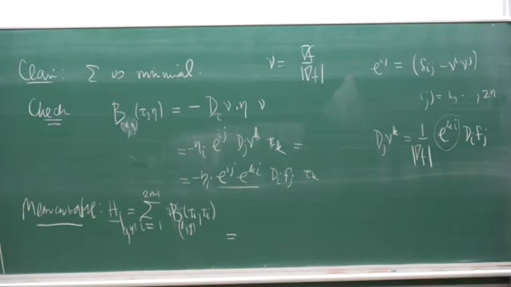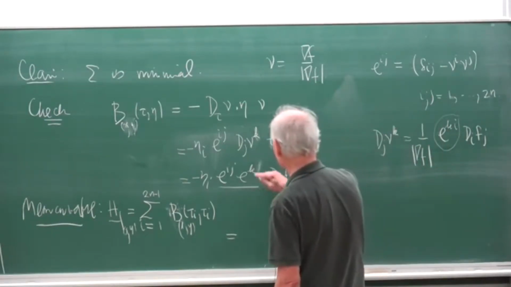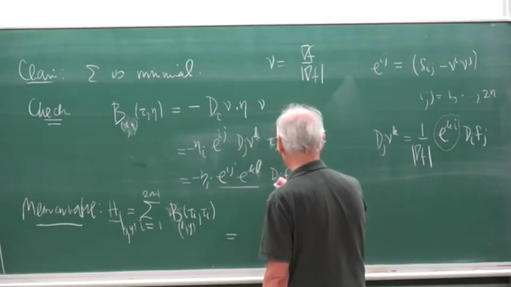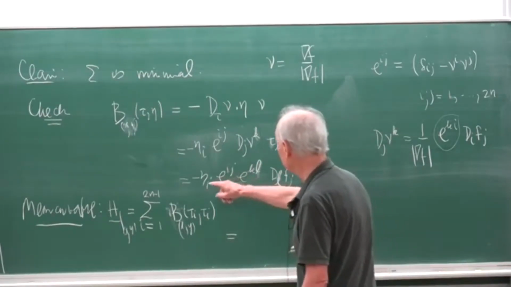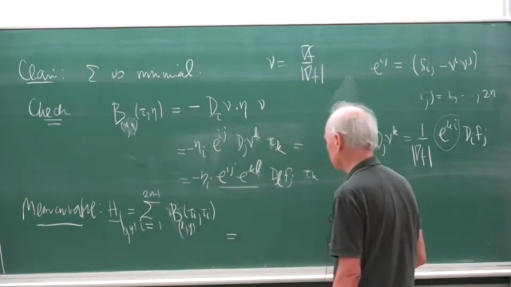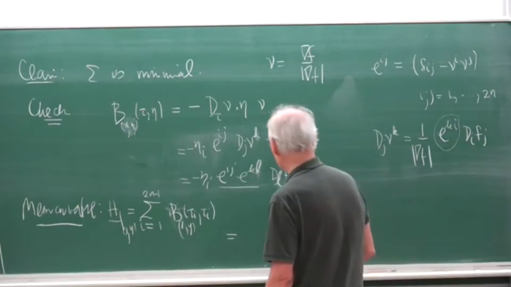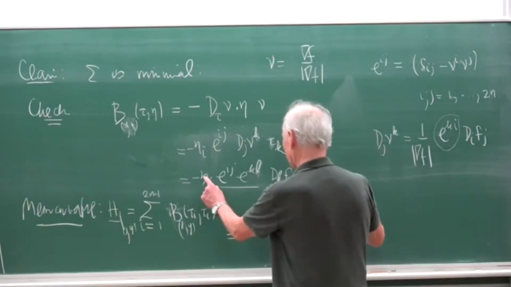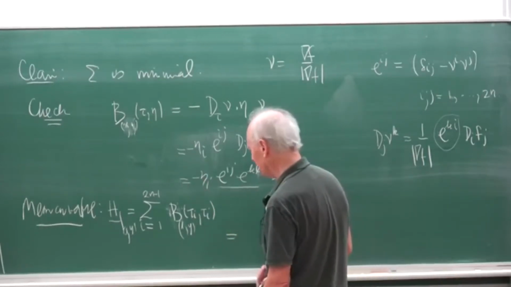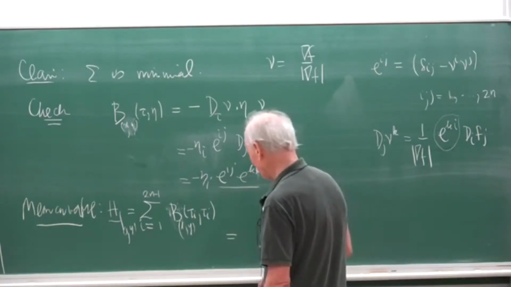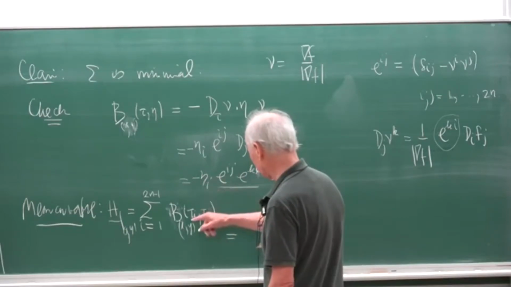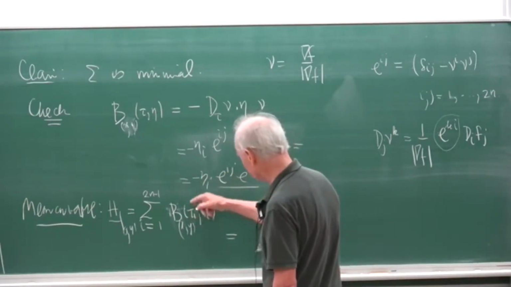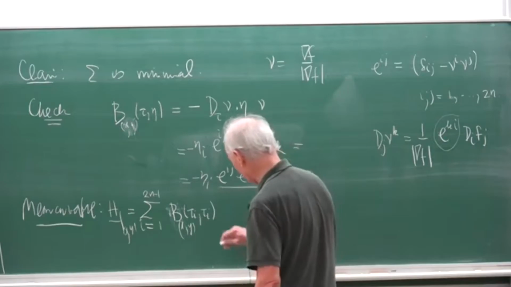So actually, I shouldn't have got that. This is E_kl d_l, and then j i, d_l f_j. So I'm taking both tau and eta are going to be the tau_i, and then we're summing on i.